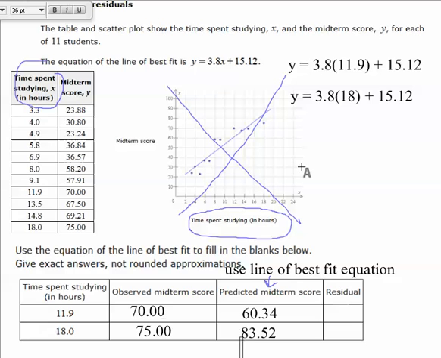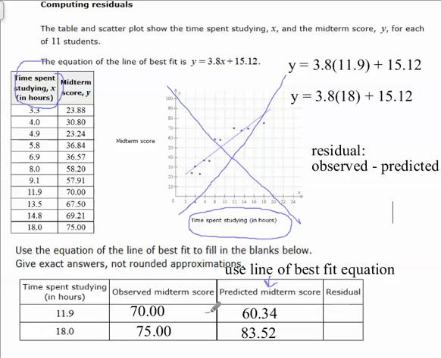Now, to compute the residual, we just simply take the observed minus the predicted. All I'm going to do is come down here and go, okay, I'm going to take 70 minus 60.34, and that's going to equal my residual. And I'm going to do 75 minus 83.52 to get my residual.